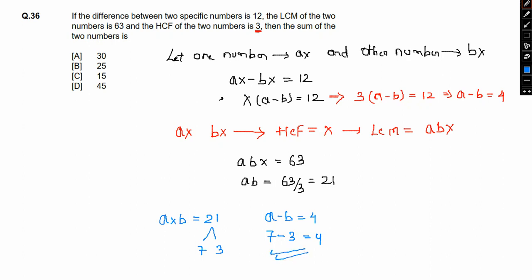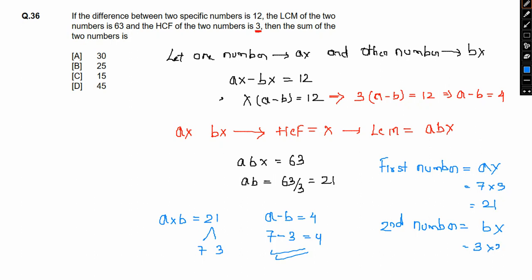So therefore first number is ax, or 7 into 3, that is 21. Second number is bx, or 3 into 3 equal to 9.